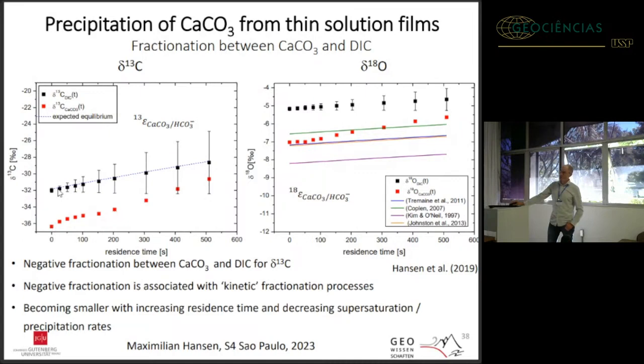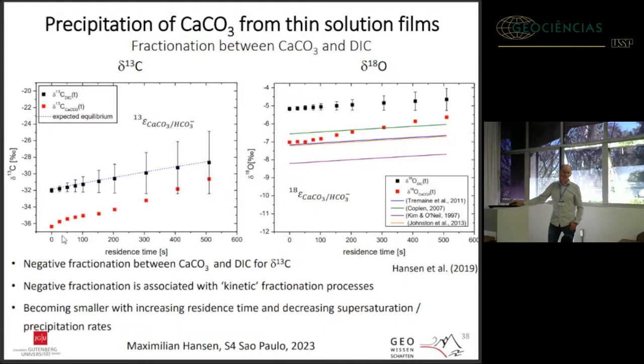And what we observed for the carbon isotopes was quite surprising, because we observed a strong negative fractionation between the calcium carbonate and the DIC, which is not expected by theory, because in theory, in equilibrium conditions, you would have a small positive fractionation, which would be the blue dotted line over here.